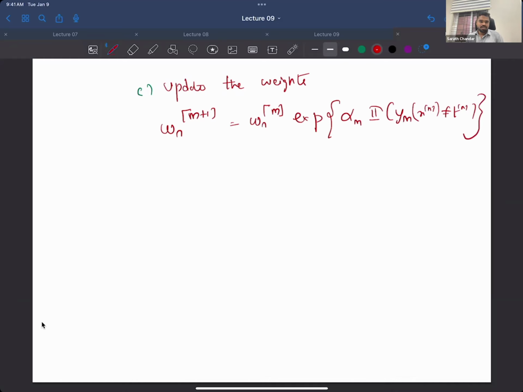You see how I am updating the weights, right? For the next round, I'm updating the weights by multiplying the current weight with exp of this thing.